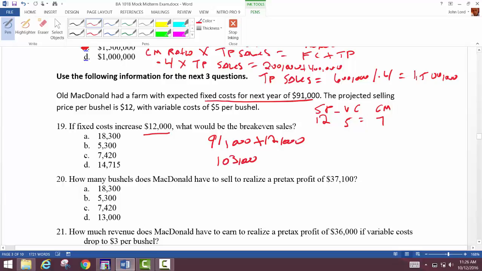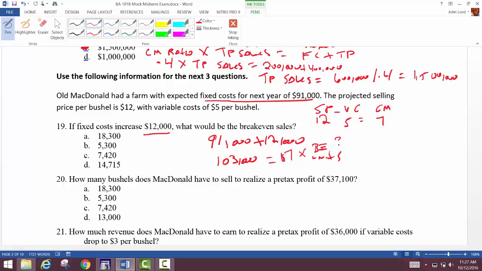And I'm going to set that 103,000 equal to $7 times my break-even units, since they're asking for units here. Solving for break-even units, divide each side by 7.